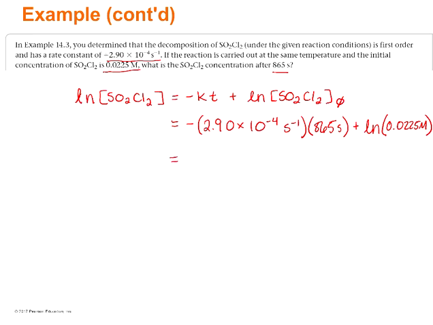Okay. So when we do this calculation, we should have a value of negative 0.251 minus 3.79.